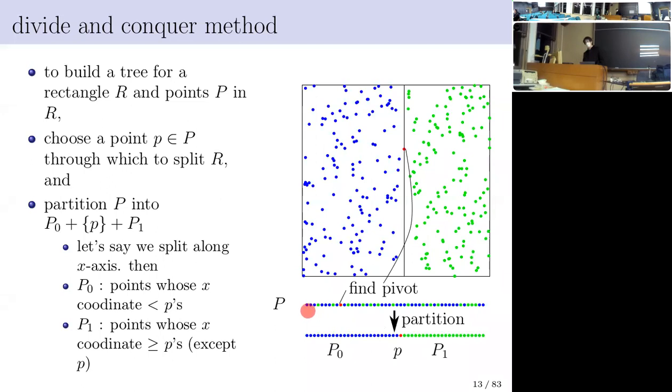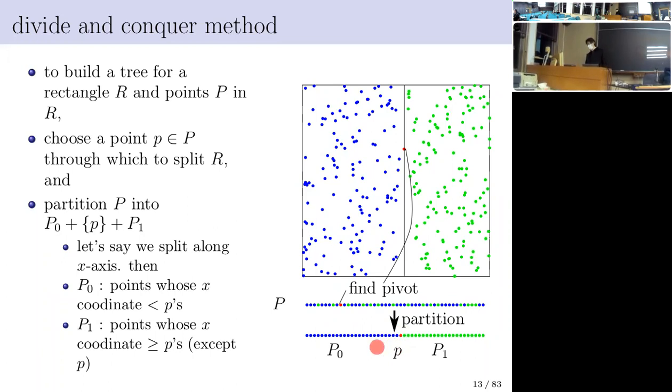In the original array P, the points left and right of the chosen point appear in no particular pattern, right? But you simply collect all points left or all points right and arrange them in this way.